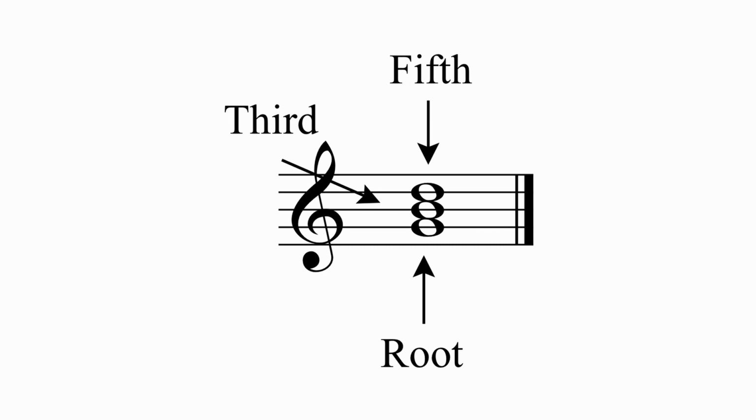Then you go up to the third, which would be the third note in the C major scale: C, D, E. So you would play C and E at the same time. Then you add the fifth, which would just be the fifth note in the scale: C, D, E, F, G. So you play C, E, and G at the same time. And there you go. You got a major.